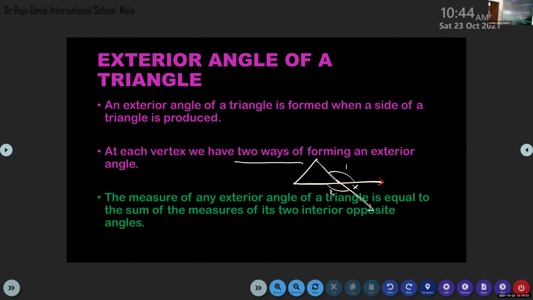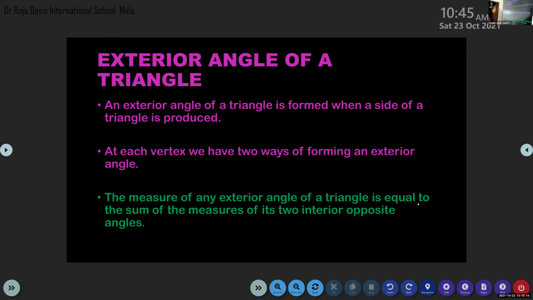Read it loudly. At each vertex, we have two exterior angles, not the third one, right? The measure of any exterior angle of a triangle is equal to the sum of the measures of its two interior opposite angles. That is what we were discussing in the last period. What is that?